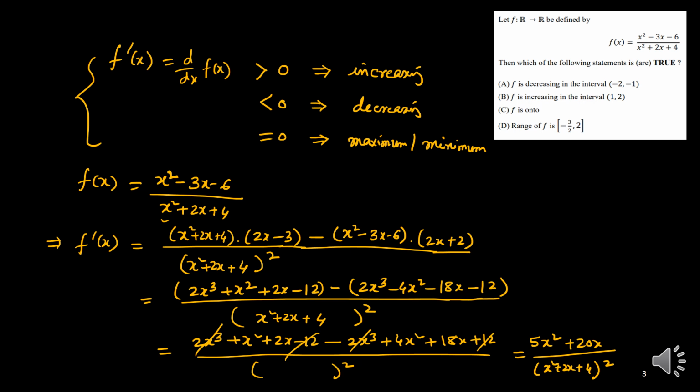So we have got f prime x. What is f prime x? The derivative of this one. I can take 5x common. It is 5x times x plus 4, upon x squared plus 2x plus 4, that whole square.